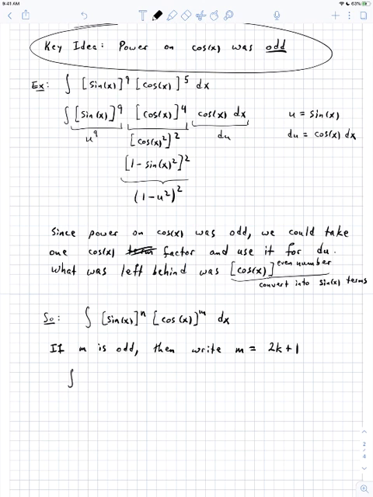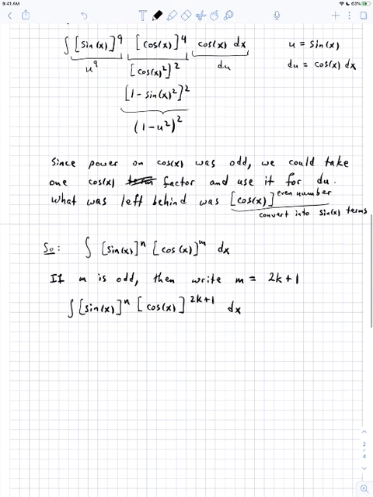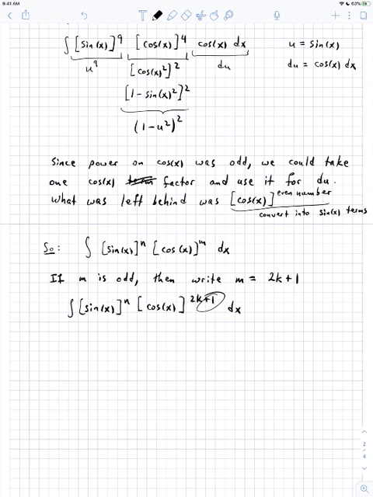Then you have the integral of sine x to the n times cosine x to the 2k plus 1 dx. And that's really what makes it work, because you have that extra plus 1 there, so you can strip that off, and you have the integral of sine x raised to the n times cosine x raised to the 2k times cosine x dx.